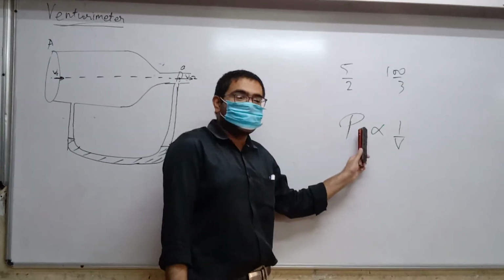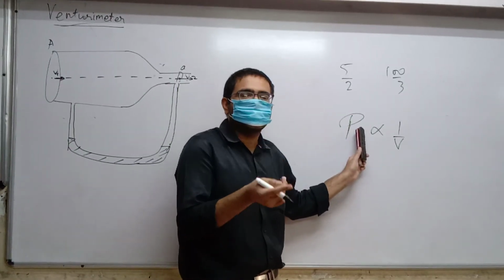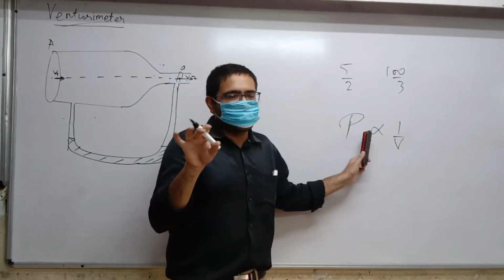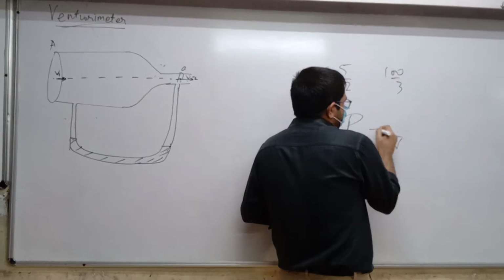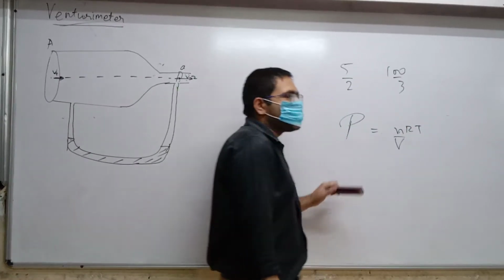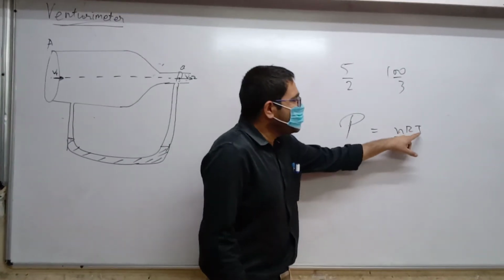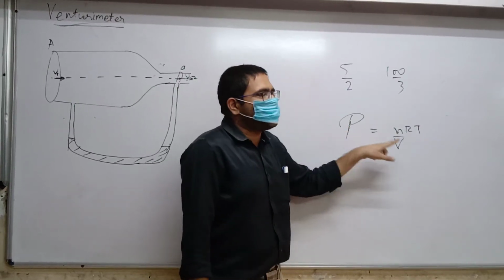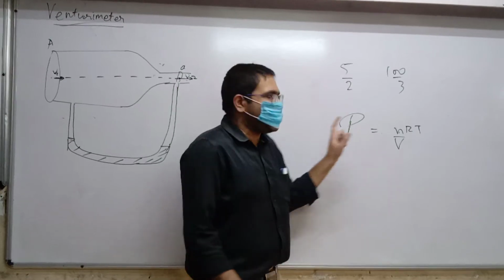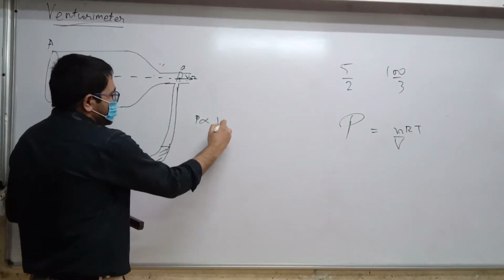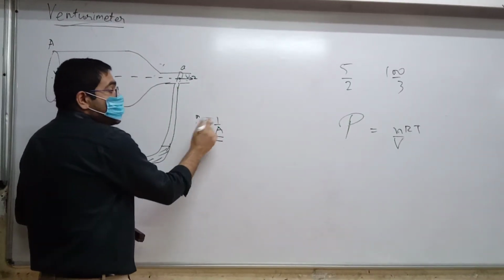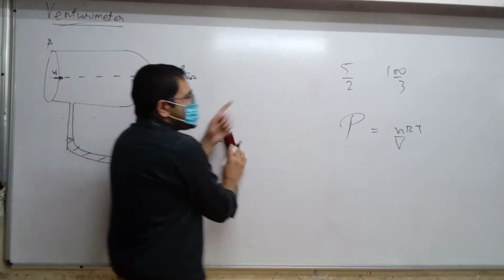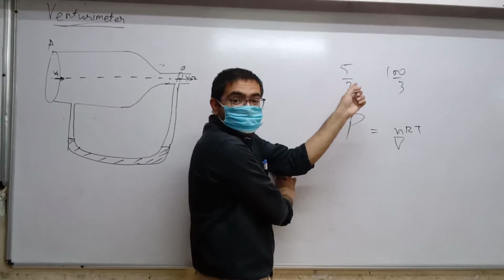No, it is only true if temperature is constant, because technically an ideal gas has nRT by V. So if temperature is constant, only then you can say P is inversely proportional to volume. Same thing here. When can you say P is proportional to 1 by A? Only if the force that you are talking about is the same. Here we don't have anything like that. Same example as these numbers, I hope you are seeing.